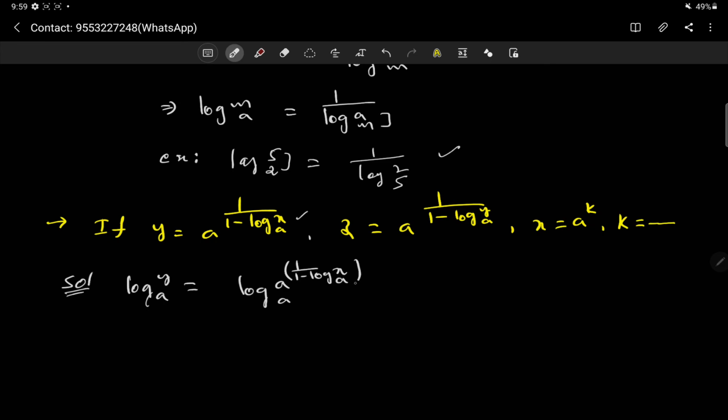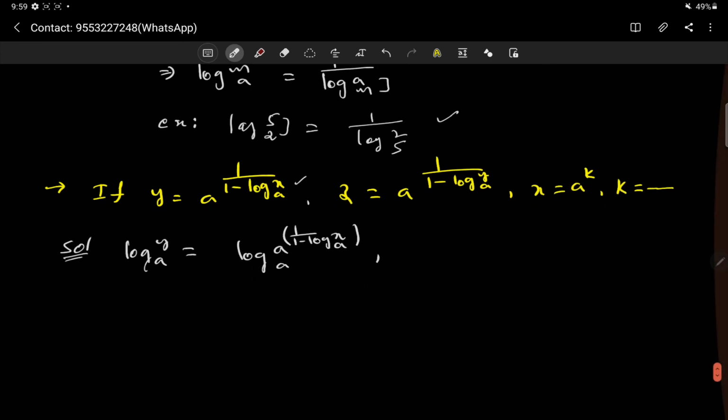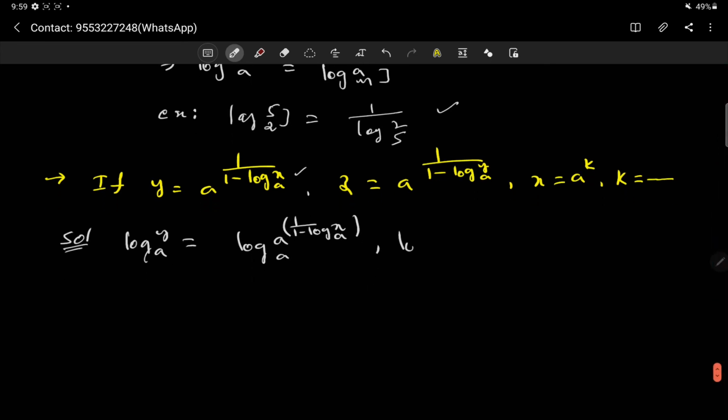In this equation also we take log with base a on both sides, so we have 1 by 1 minus log y base a. In the next equation also we take log with base a: log x base a is equal to log a power k base a.